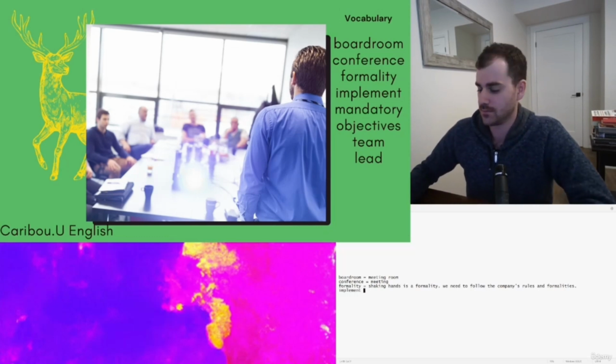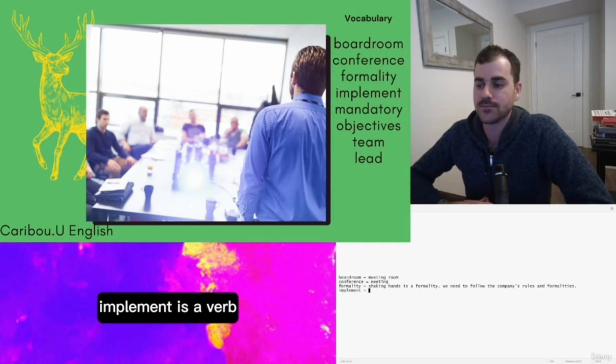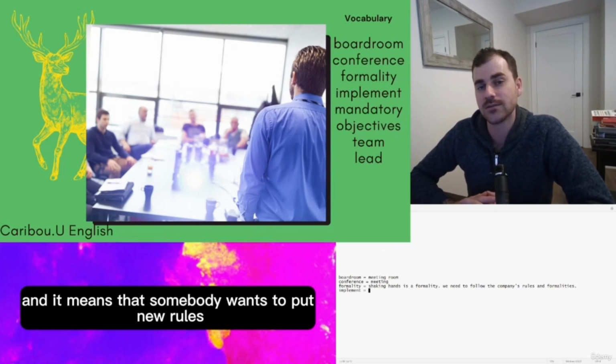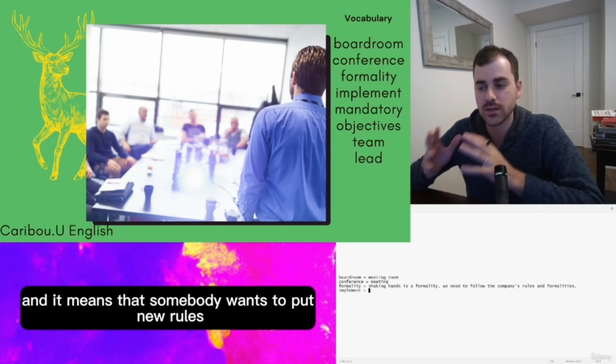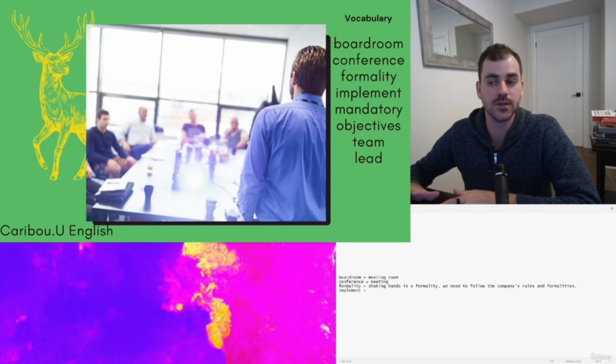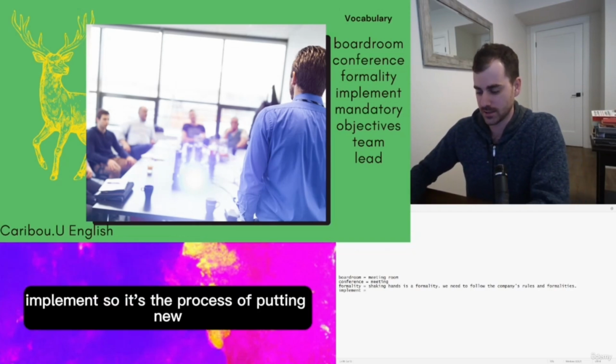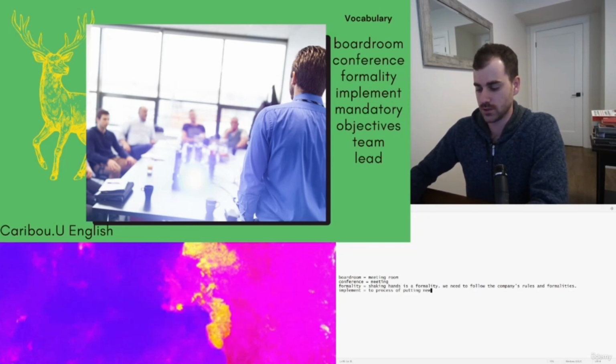Implement. Implement is a verb, and it means that somebody wants to put new rules in a business or organization. So it's the process of putting new ideas, rules, etc. in an organization.